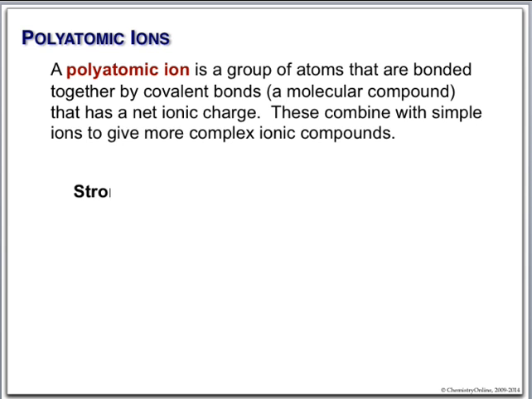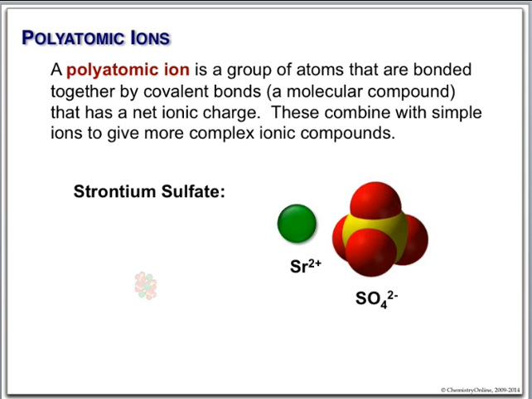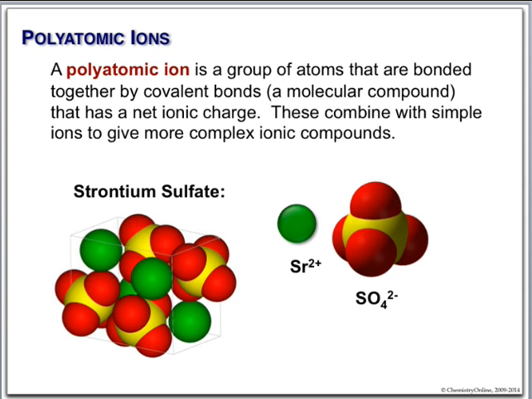An example here, strontium sulfate. Strontium is a group 2 element, so it's +2. Sulfate is 1 sulfur and 4 oxygens. Again, all covalent with a charge of -2.